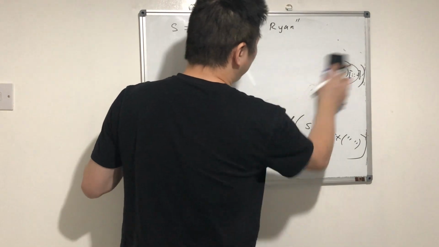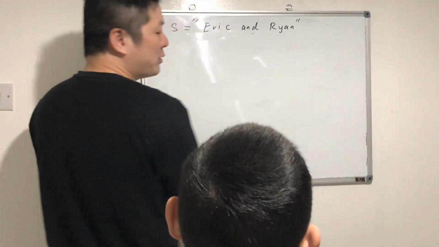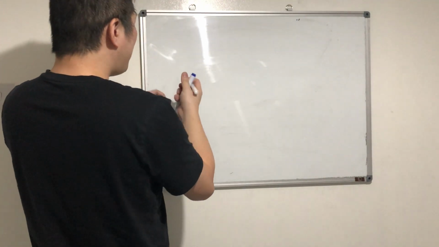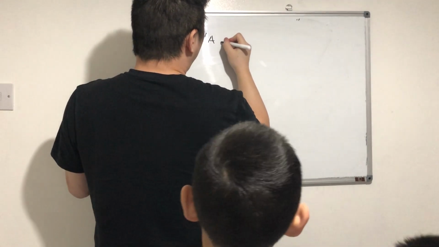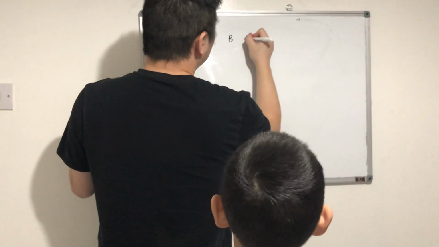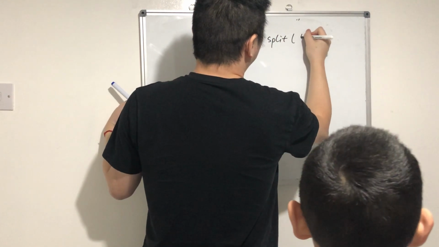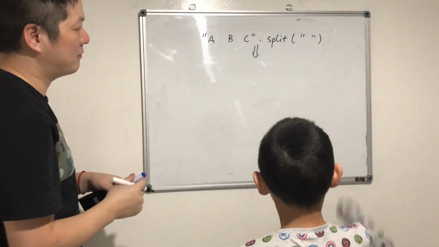Now I have two quizzes. You just tell me what it is. "A B C".split(" "): what does it give me? CBA?